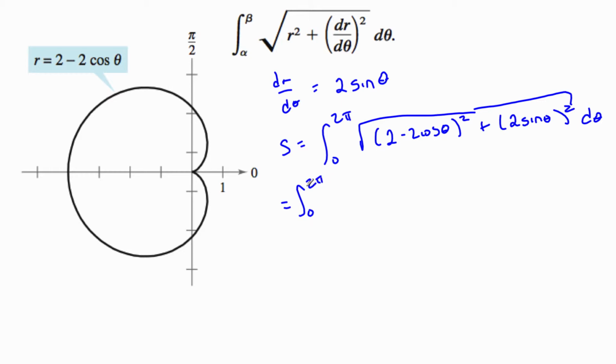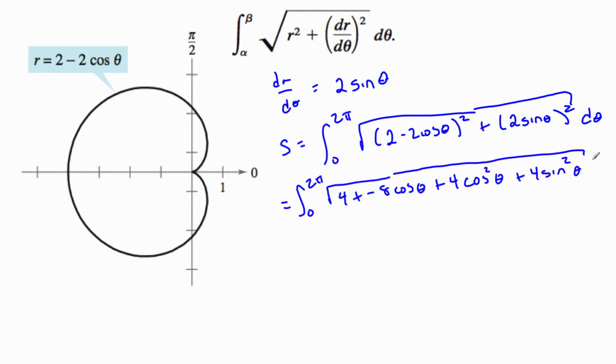or it can simplify very, very nicely. And when I simplify this one down, I get the square root of, what? This is 4 plus 2 times 2 is 4 minus 8 cosine of theta plus 4 cosine squared theta plus 4 sine squared theta.